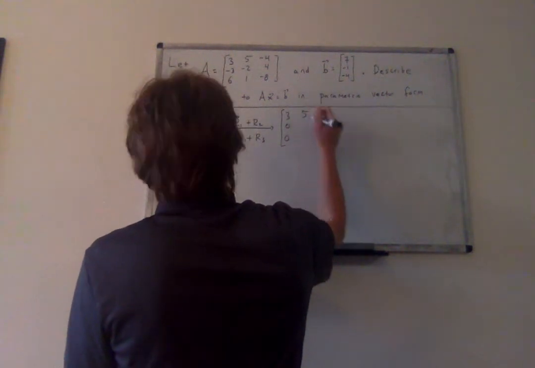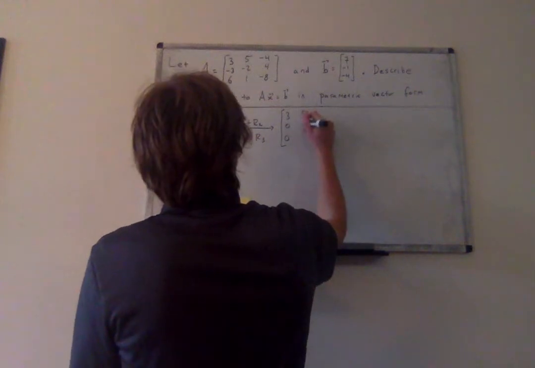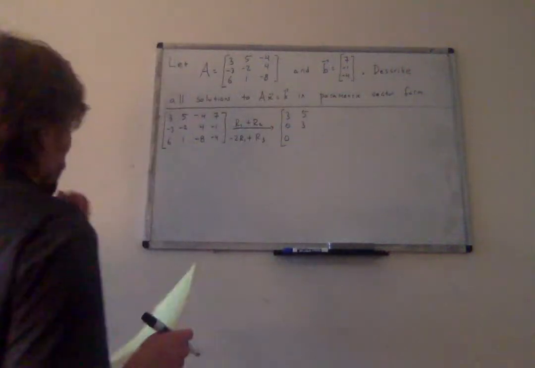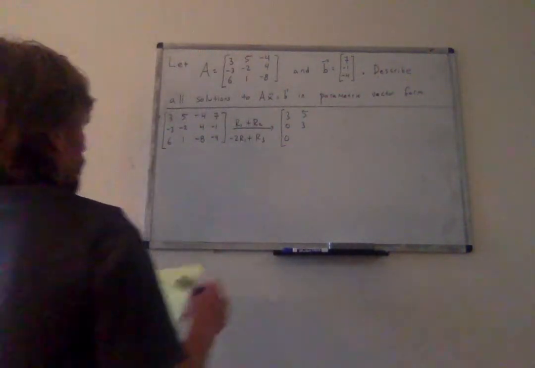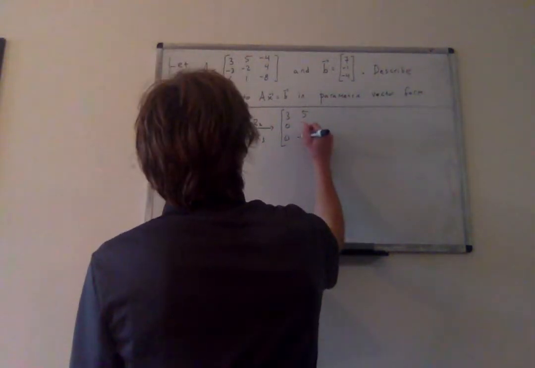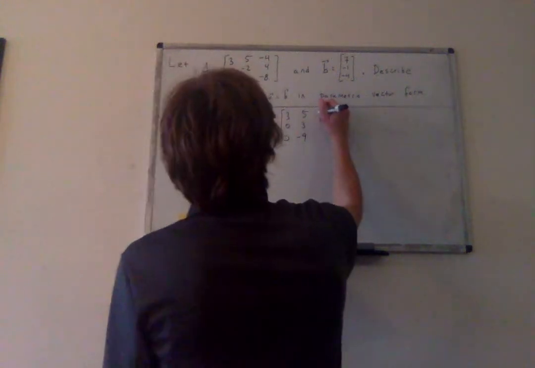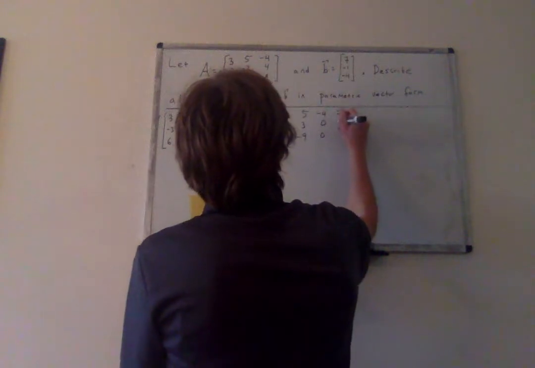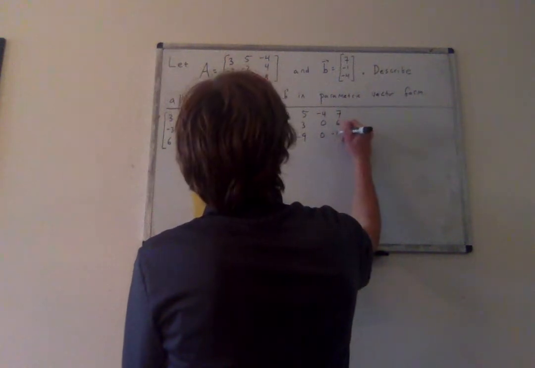So again, first things first, I want to completely clear out this first column here beneath the 3. It should be -9, -4, 0, 0, 7, 6, -18.